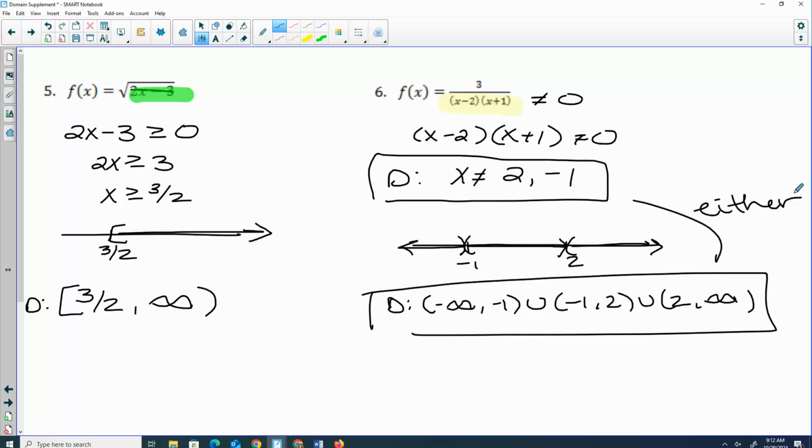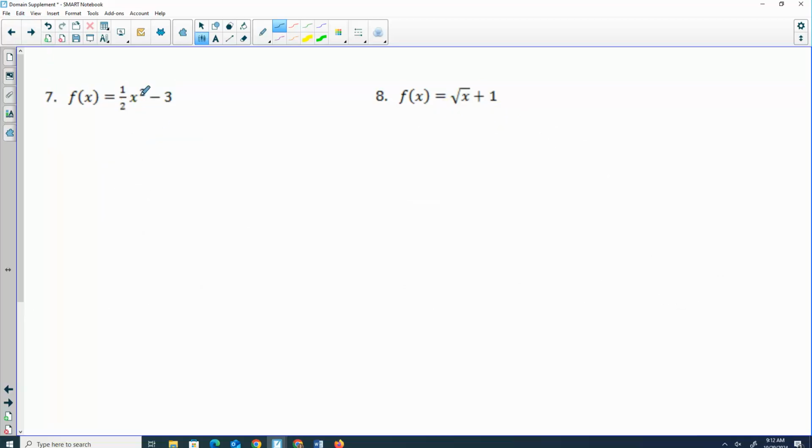Let's look at the next ones. So still just following our same rules, applying them to all these different problems. When I look at this one, I have a fraction. Is my denominator ever 0? Nope. So what's my domain turn out to be? All right, number 8.